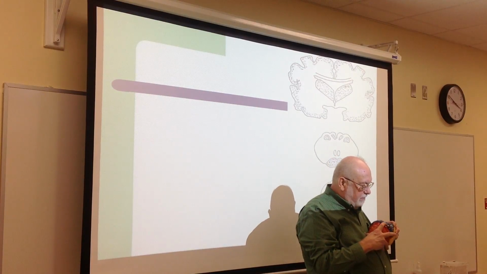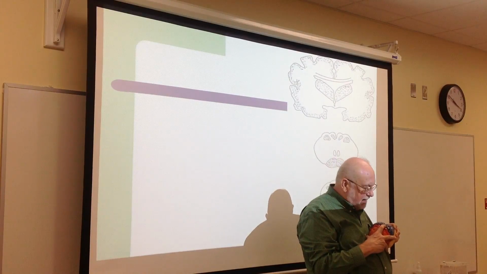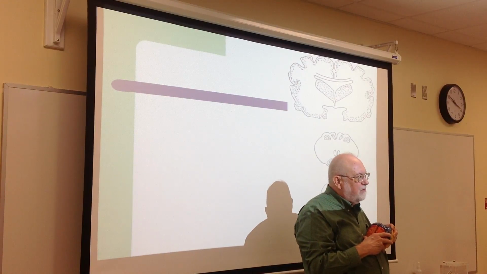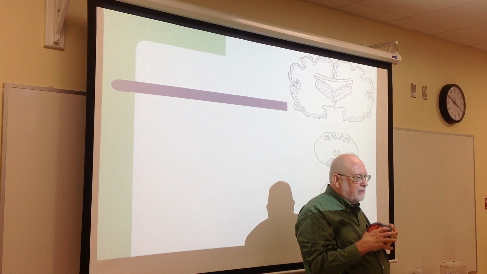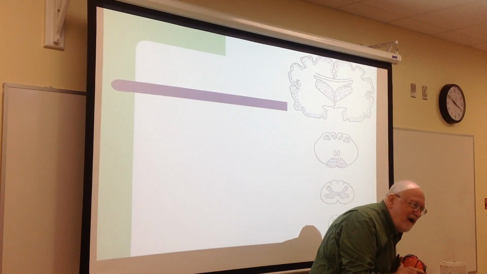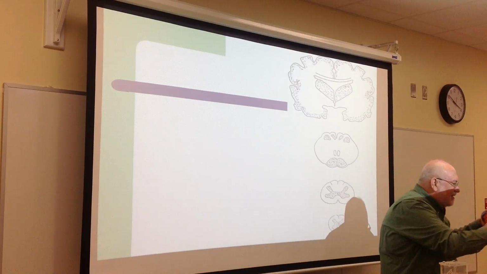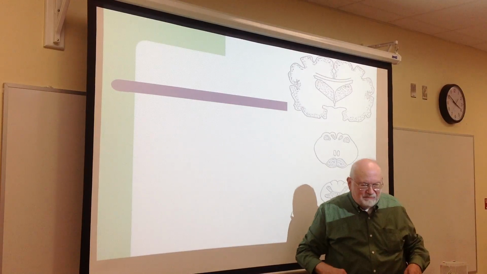Yep. Dark blue, that is the primary sensory cortex. What lobe is it on? Parietal lobe, right. Postcentral gyrus. Now, those would make nice little questions one of these days, I'll bet.